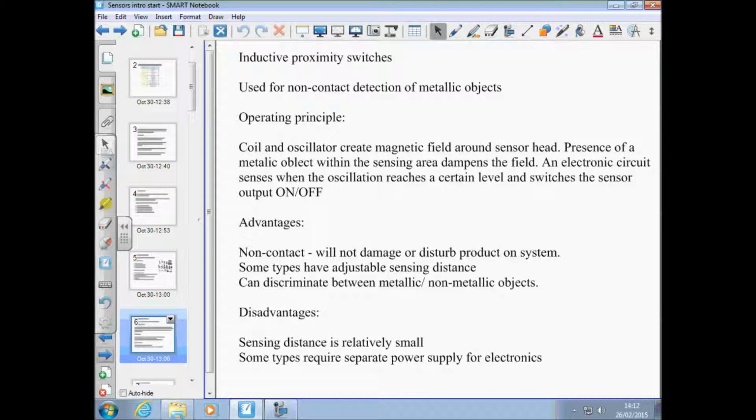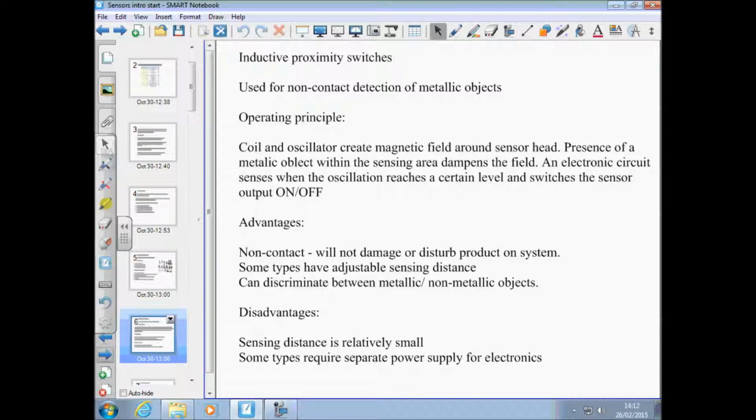Inductive proximity switches. They're used for non-contact detection of metal objects. So the operating principle is that a coil and an oscillator create a magnetic field around the sensor head.